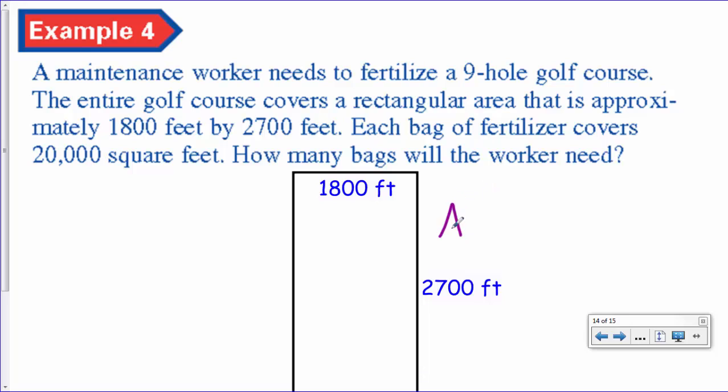To find the area of a rectangle, we multiply the length, which is 2,700 feet, times the width, which is 1,800 feet.